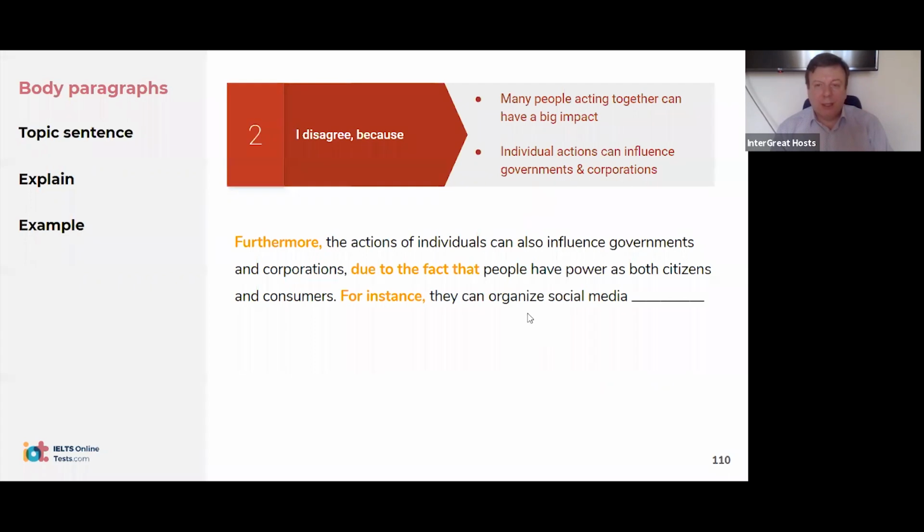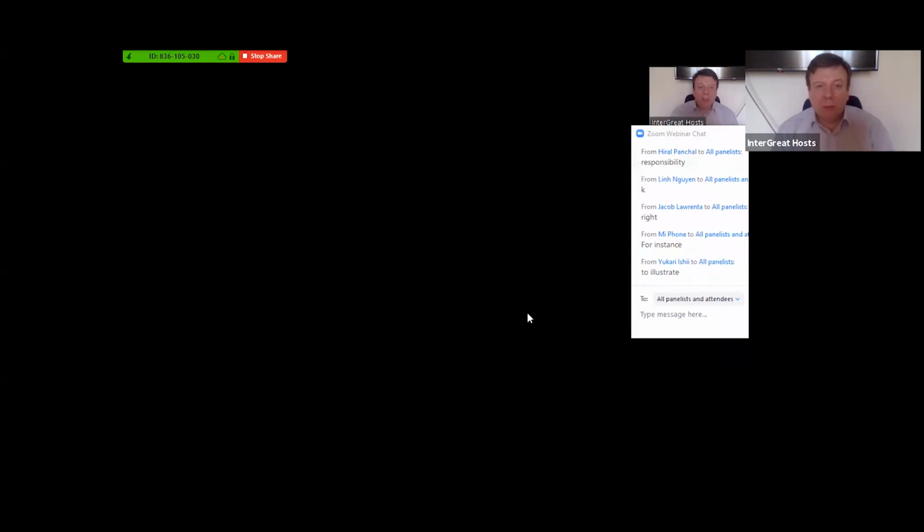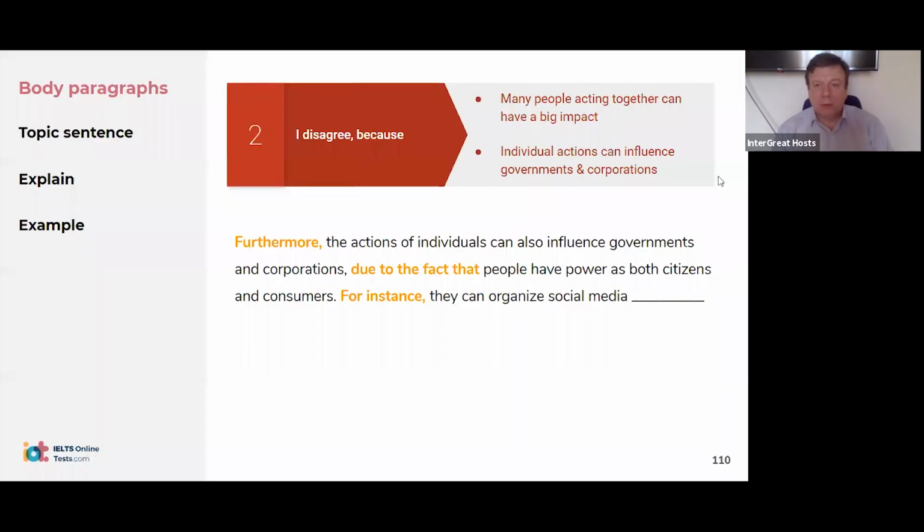They can organize social media what? So what do we call it? Campaigns, yeah, good. Very good.